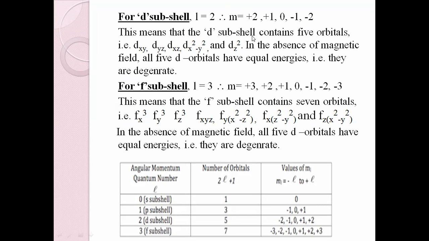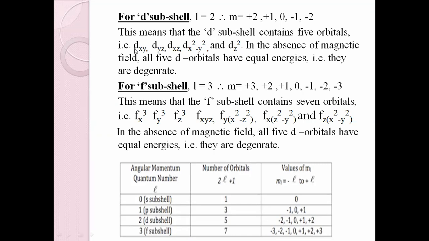in the d subshell. D subshell contains 5 d orbitals. ठीक है, ये 5 d orbitals पांचों के पांचों एक दूसरे से अलग है. ठीक है, कब? In the presence of magnetic field. But in the absence of magnetic field, all these 5 d orbitals have equal energies.